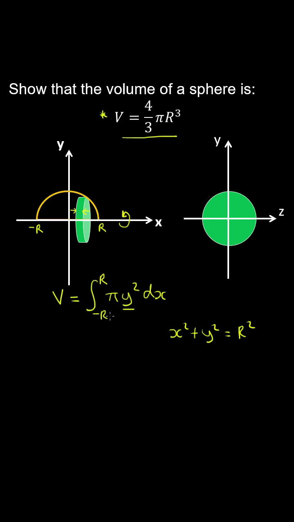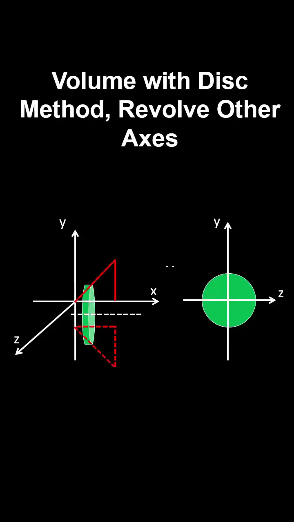Now we can use the disk method to find the volume of a revolved solid that's obtained by spinning or revolving a two-dimensional section about an arbitrary horizontal or vertical axis. So in this case, the distance to the axis will be denoted d, and we'll denote the distance from the horizontal axis to the curve as y, where y is equal to f of x, which describes an arbitrary curve.